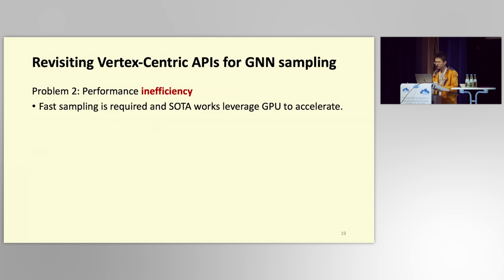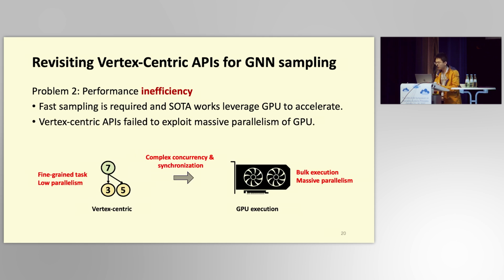Another important limitation of the vertex-centric API in this context is performance inefficiency. We have been witnessing industry adopting GPUs for accelerating training. However, that is not enough, since there exists a fundamental gap between the vertex-centric API and the GPU.